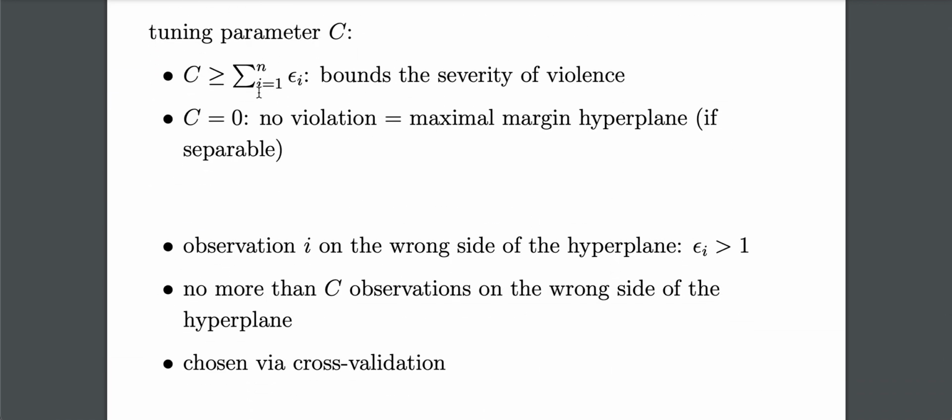Okay. So tuning parameter C, I said, bounds the severity of the violations. If C is 0, there is no violation, right? Maximal margin hyperplane, if separable. And here's again the same thing, which I said before. I'll just let you look at this for a minute. Take your notes and think about it, and then I will move forward.